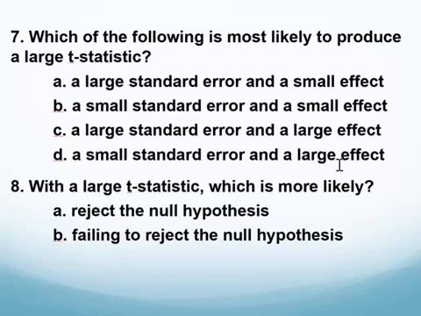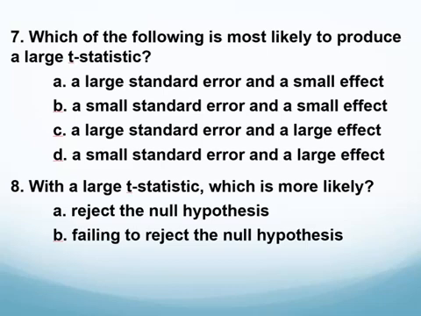So if my effect is large, I'm more likely to produce a large t-statistic. So in this case, the answer is D, right? A small standard error and a large effect is more likely to produce a large t-statistic.